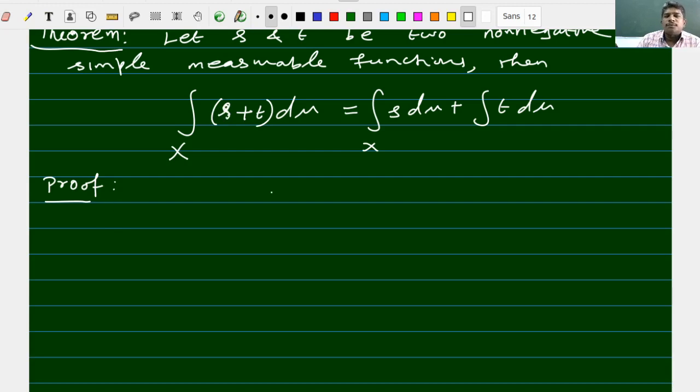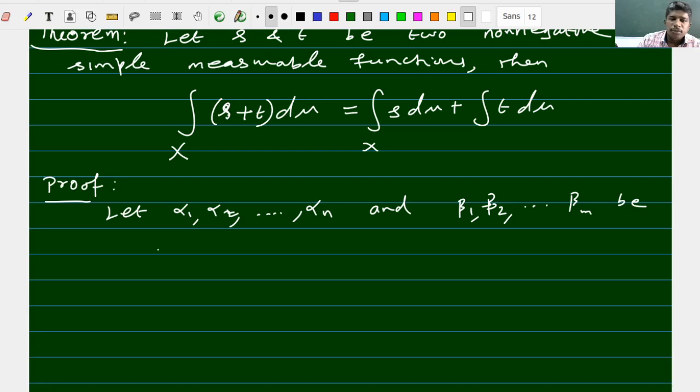Let us fix the values of s and t and the corresponding partitions of X. Let alpha 1, alpha 2, ..., alpha n and beta 1, beta 2, ..., beta m be the values of s and t respectively.